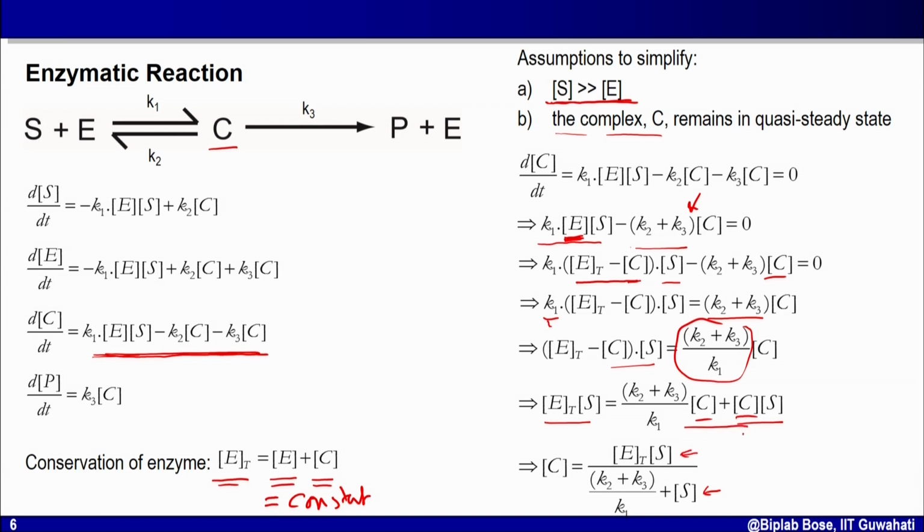So I have separated out C and I have everything else on the right hand side. The right hand side has ET, which is constant, the total amount of enzyme, the substrate concentration which is varying with time, divided by (K2 plus K3) by K1, which as a whole is a constant because K3, K2 and K1 are rate constants, plus the concentration of the substrate.